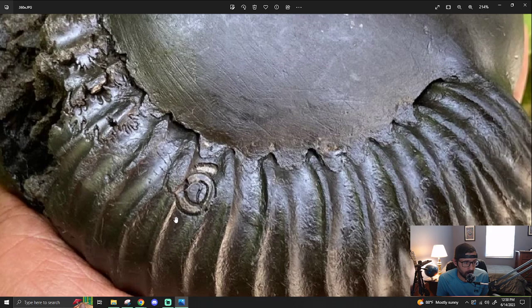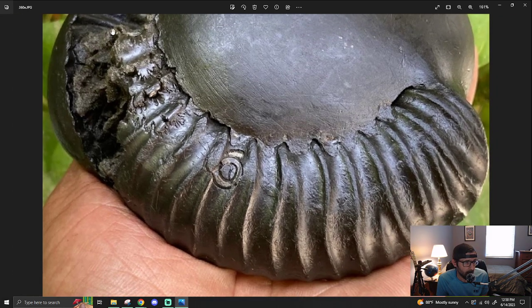and starts to pull up this way because there's less pressure here from around this way.